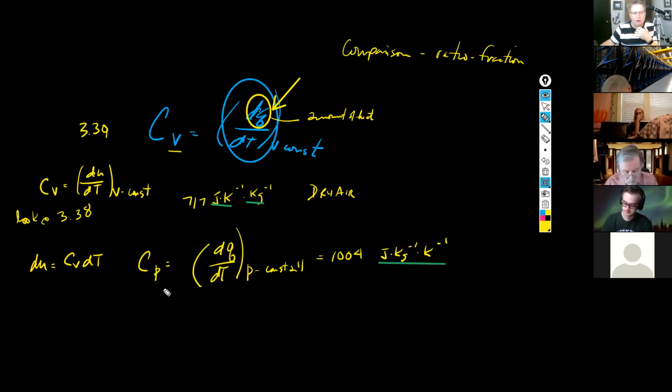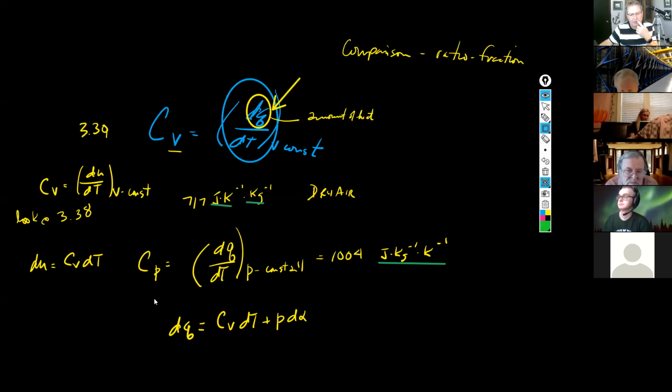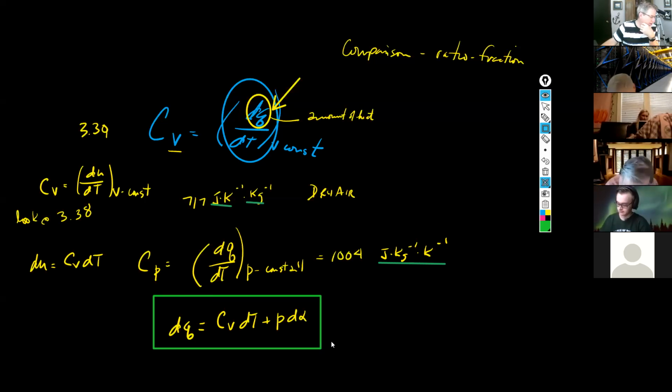But in the first law, we now say dq equals cv dt plus p d alpha. And we have a much more important form of the ideal gas law for a lot of problem solving.